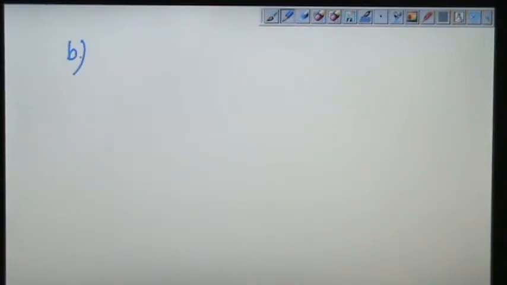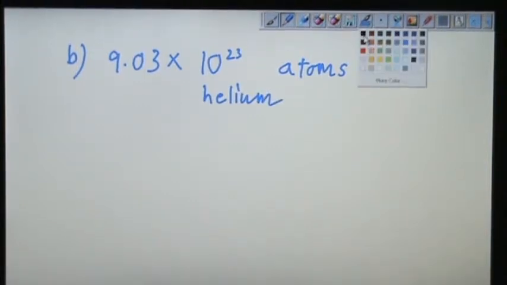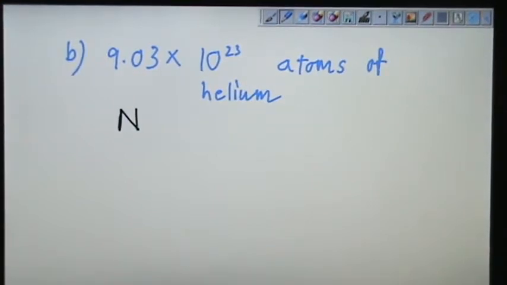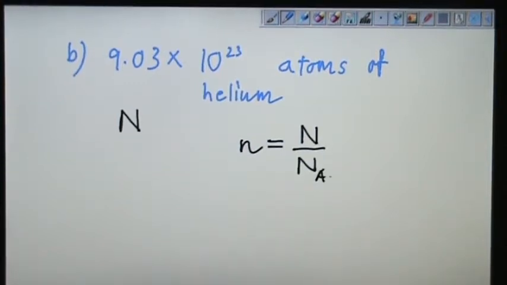How about B? Again, at room conditions, the only information given is 9.03 times 10 power of 23 atoms of helium. What alphabet should we represent this number with? This big N. And do you remember, number of mole is actual over standard?